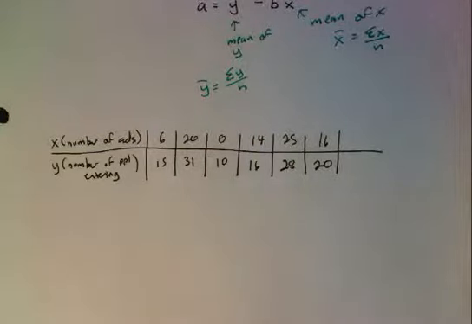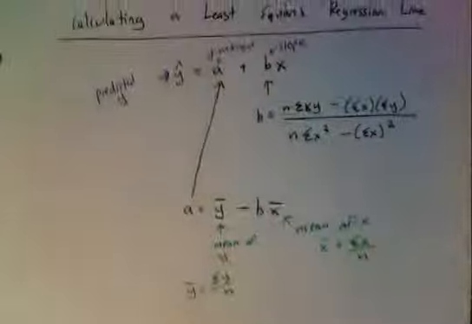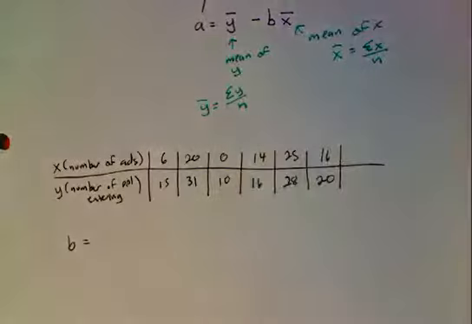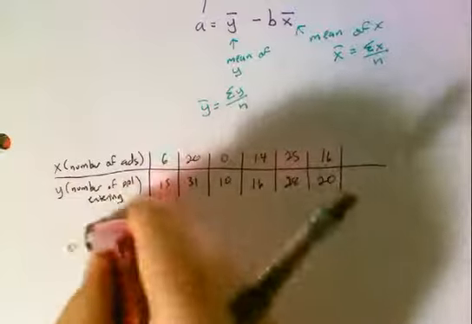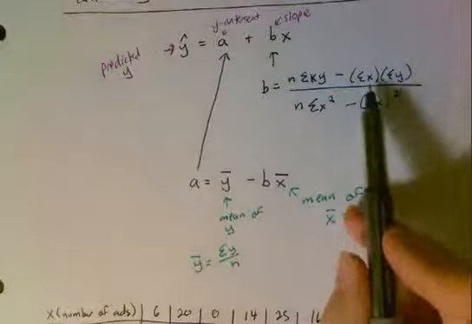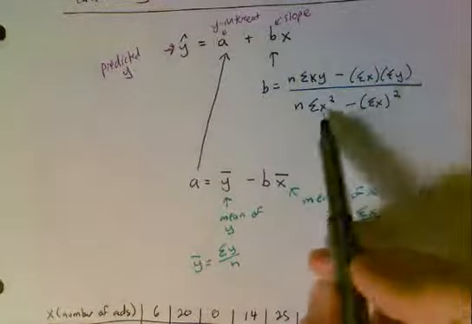So let's start off with calculating b, because we're going to need b to calculate either of these other ones. But actually, I shouldn't put that there because we need to calculate all the little sums and everything too. So we're going to need x, y, x squared, and xy.